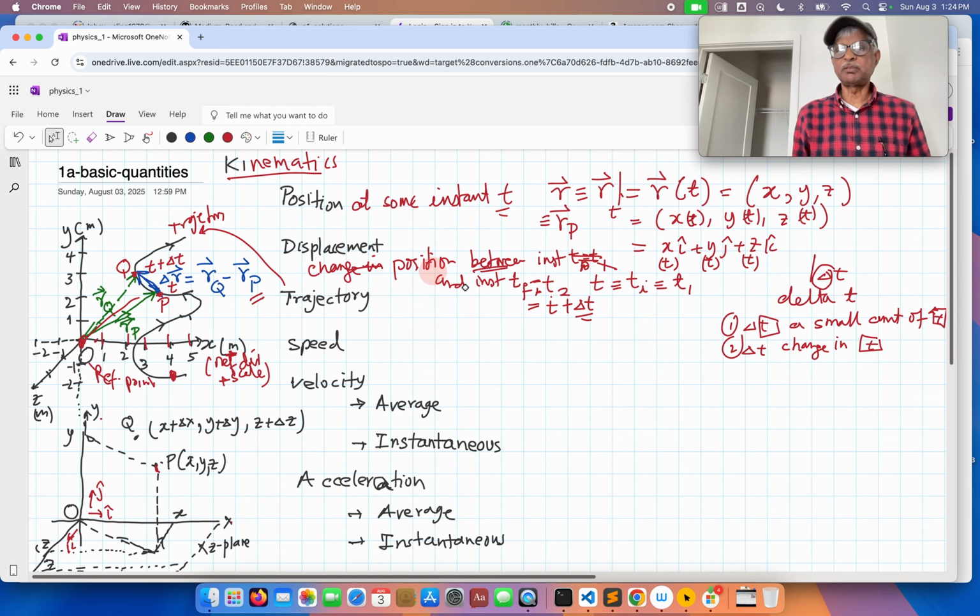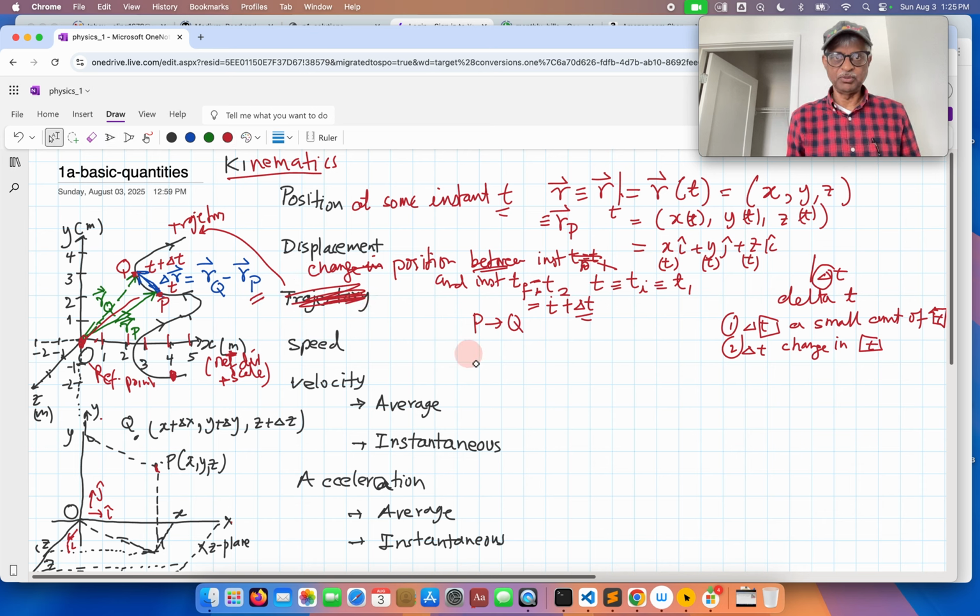Even if it doesn't change, displacement will be 0. But if it did change, then we will draw an arrow from P to Q, and that vector we'll call displacement. So P to Q, that's the displacement. That's one way to write displacement.